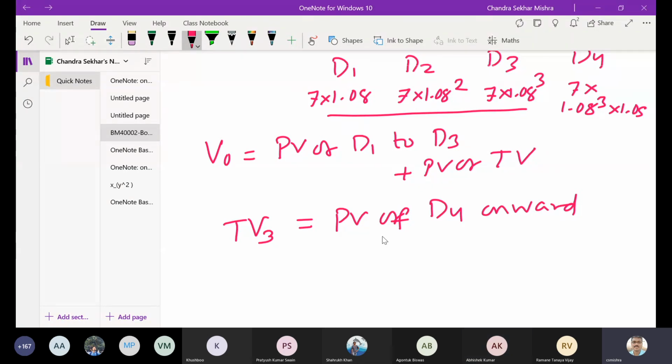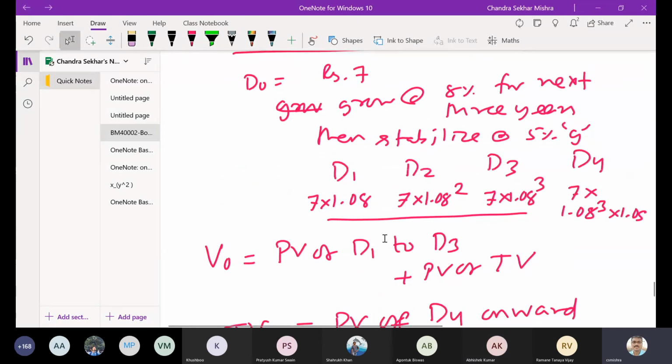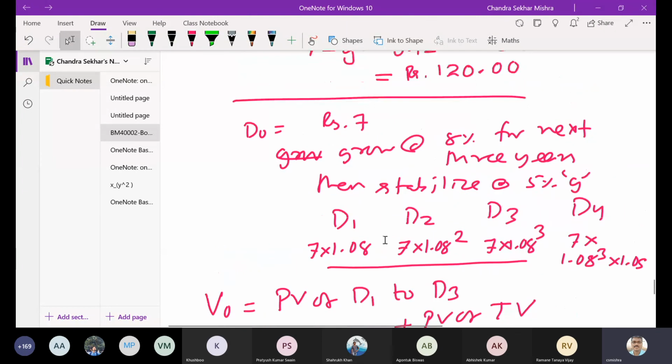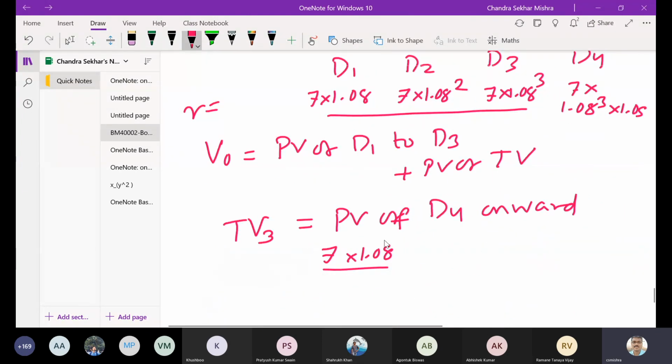So if I do that again, 7 into 1.08 divided by how much discounting factor? I am not giving the discounting factor, right? Okay, let's assume R is 14%.